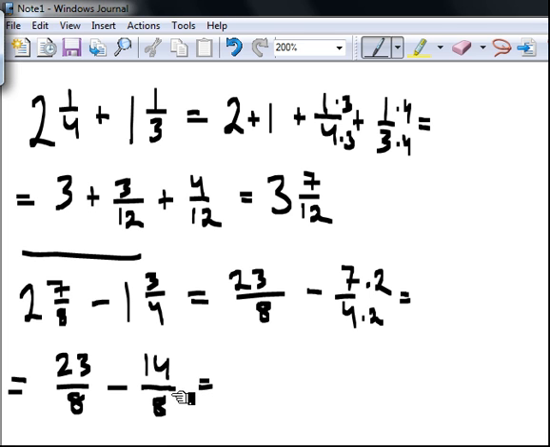And 23 minus 14 is 9 over 8. And we can even write the answer as a mixed number. So this is going to be 1 whole and 1/8. Okay?